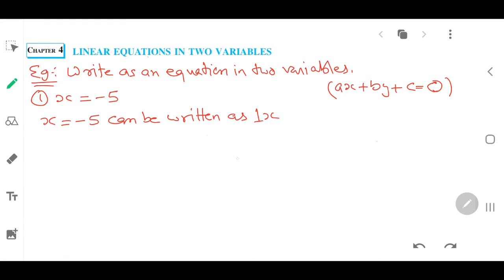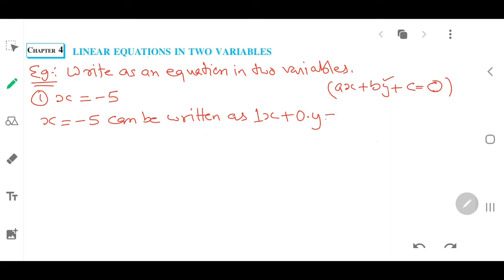So what will be the other variable? The other variable would be y. But here only x equal minus 5 is given to you. So what would be the other variable? You have to write it in this form. Since the value of y is not given, you write here plus 0 into y.